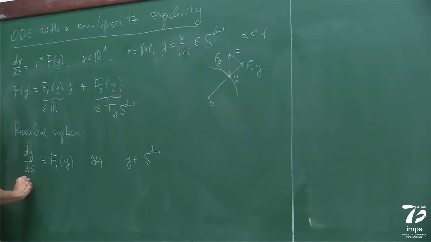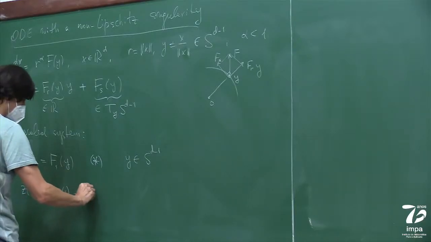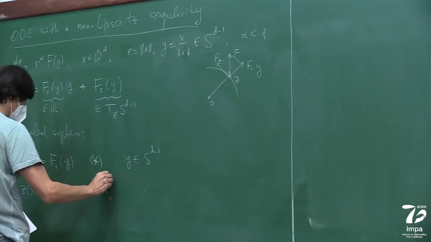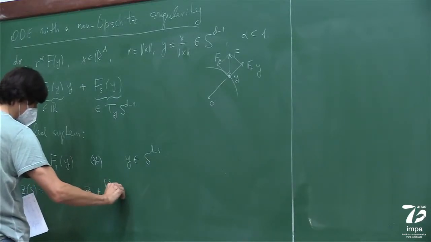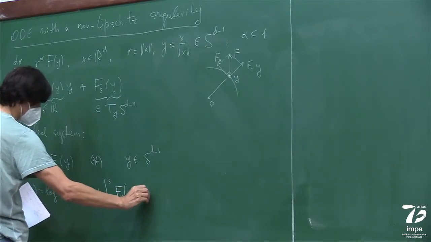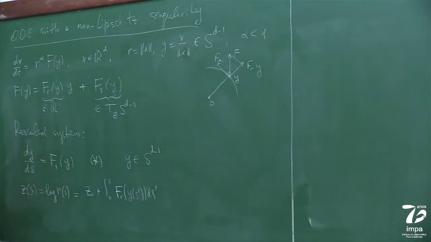The variable z, which is the log of the distance, is solved as z0 plus the integral from 0 to s of f_r(y(s')) ds'. And then the relation between time t and s is state dependent, so it depends on the distance.